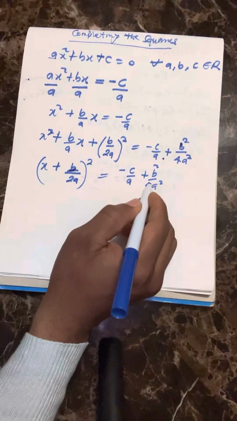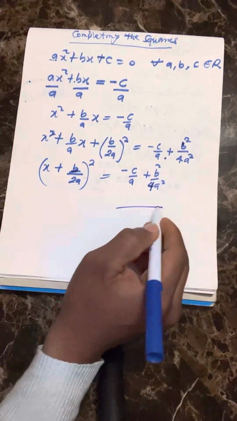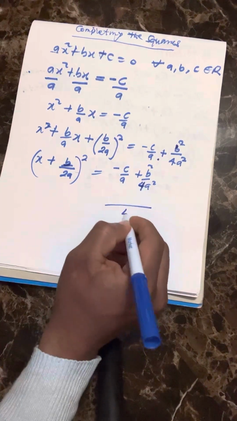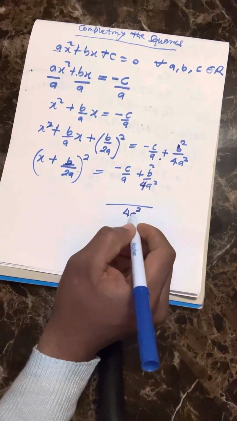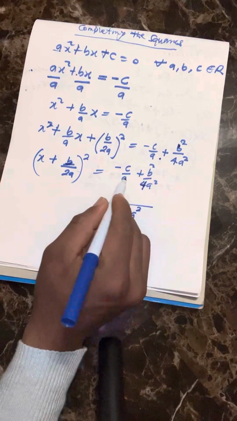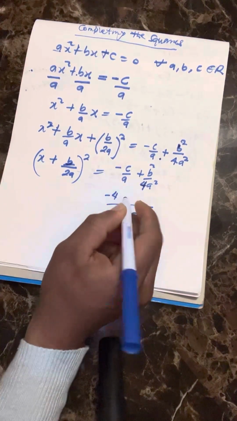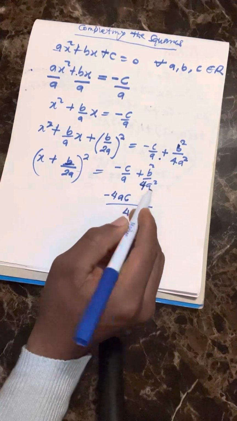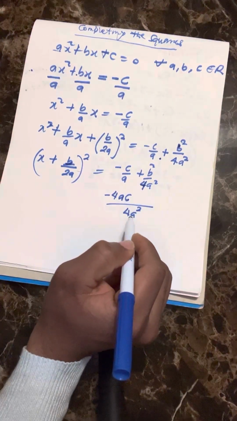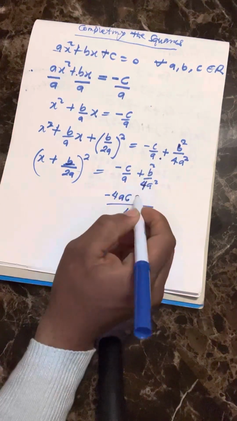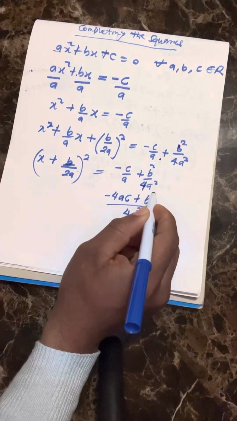So having said that, on the right hand side here, take a common denominator. When you divide this by this and multiply the numerator with this, you would have minus 4ac. You divide this by 2, and multiply it with this, you have plus b squared.